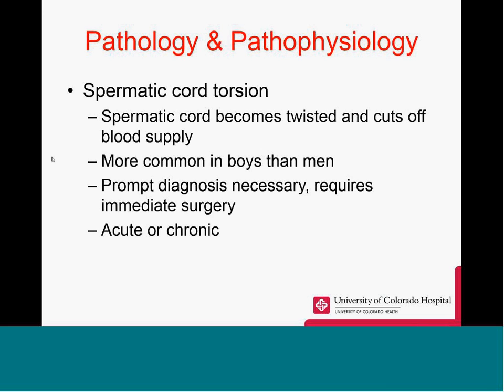The prompt diagnosis is necessary because the salvage rate is between 80 to 100% if surgery is performed within 5 to 6 hours of the onset of pain. It is reduced to about 70% if performed within 6 to 12 hours, and drastically reduces to 20% if delayed more than 12 hours.